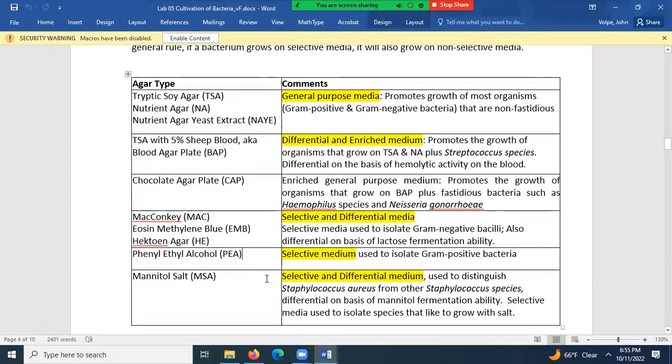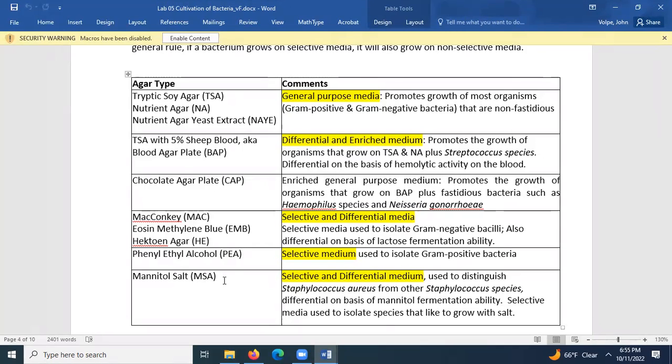Mannitol salt agar is both selective and differential. It is selective because it has salt in it, 7% sodium chloride. Most bacteria cannot grow in 7% sodium chloride, and that's why it's selective. Only the bacteria that can grow in 7% sodium chloride will grow.